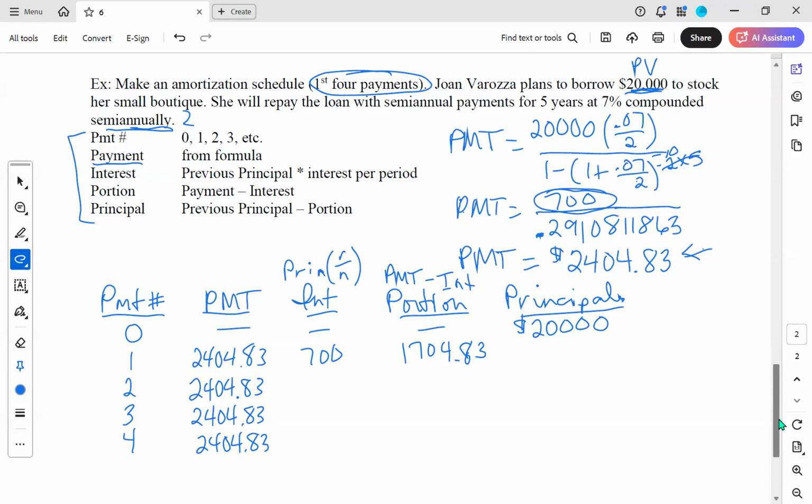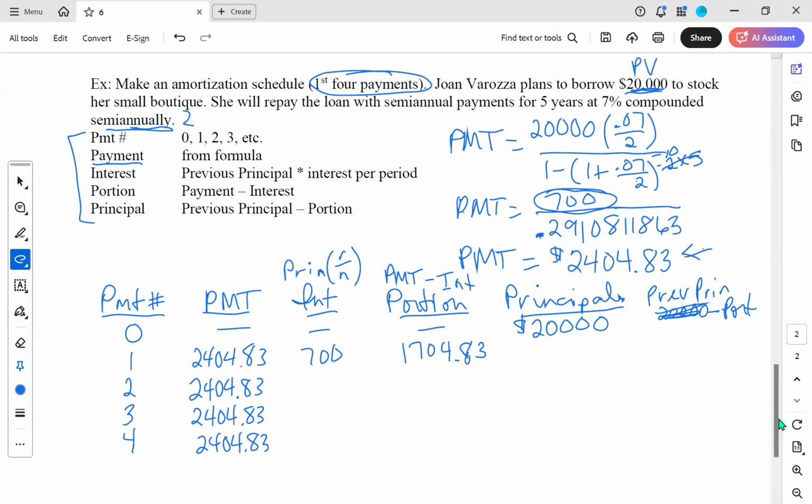Okay, so 1704.83. To get your new principal for payment number 1, you're going to take your old principal of 20,000, or your previous principal, minus your portion.